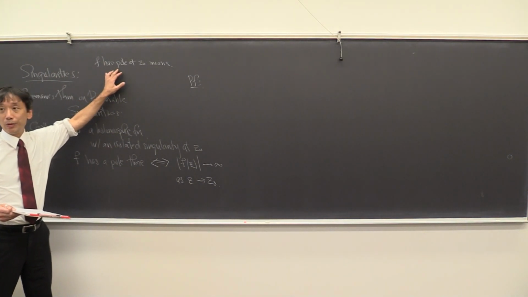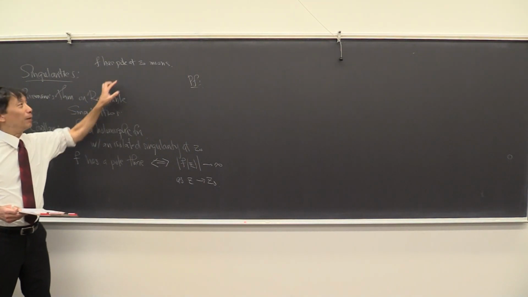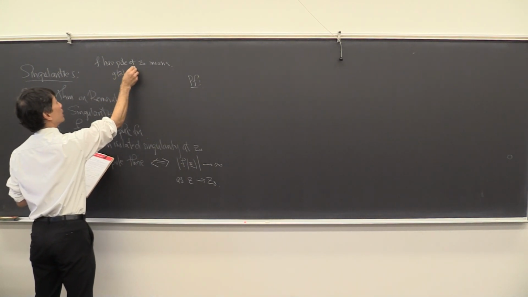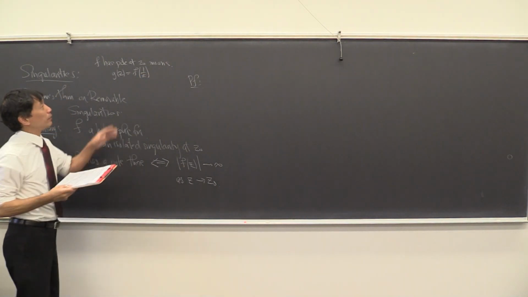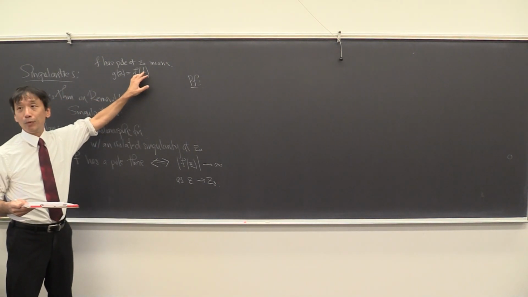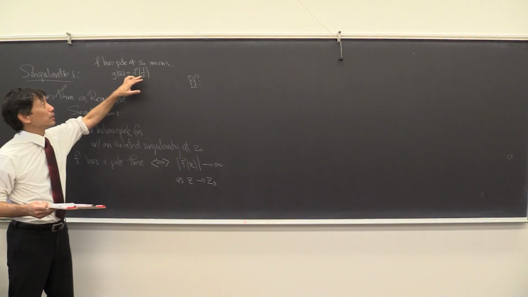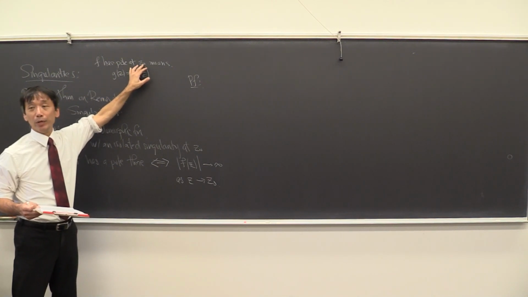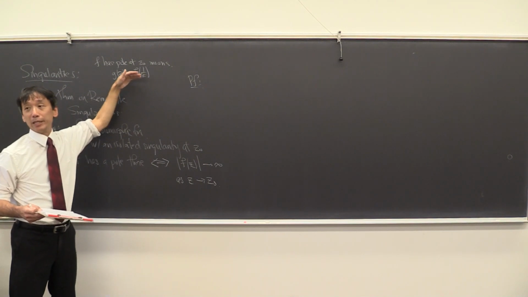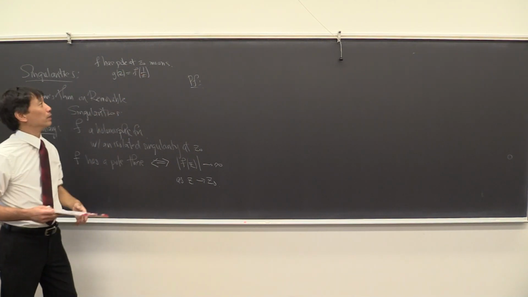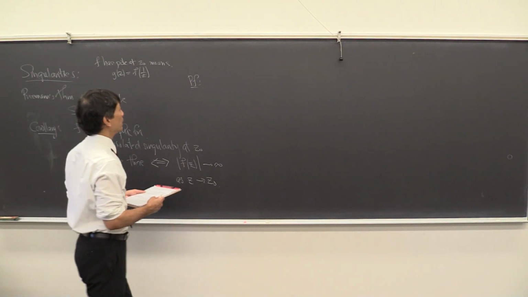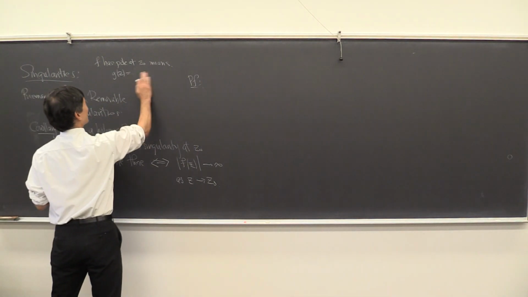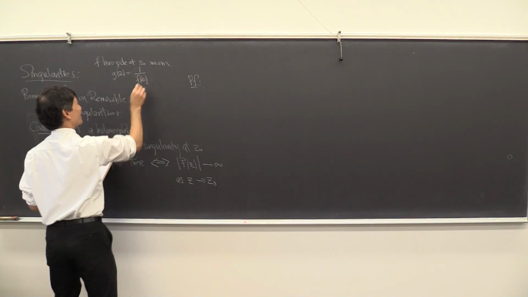So f having a pole there means that if you look at this function, 1 over f of z, you can extend that to a holomorphic function at that point by defining it as 0 there. Thank you.